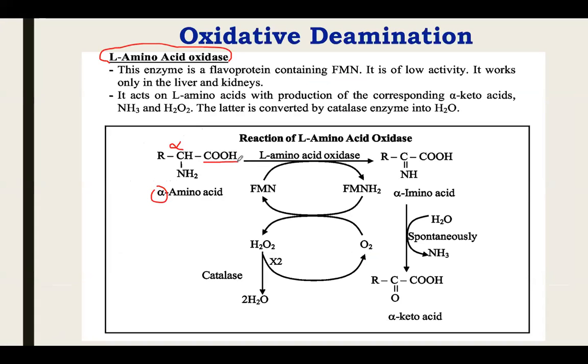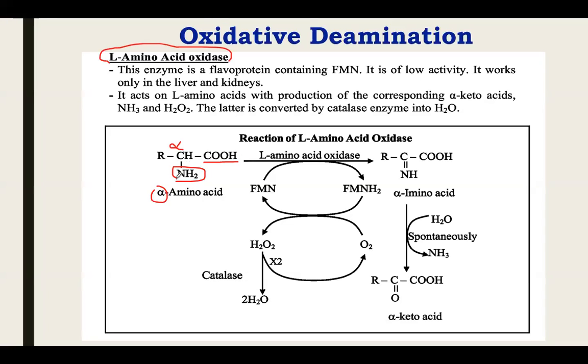COOH. A chemical functional group called carboxyl group, which is unique to the organic acids. The first carbon atom, which is the first neighbor to the carboxyl, is the alpha carbon. We have amino group in the alpha carbon, so this is called alpha amino acid. If you have amino group in the beta carbon, this is also an amino acid, but it is not found in the protein.